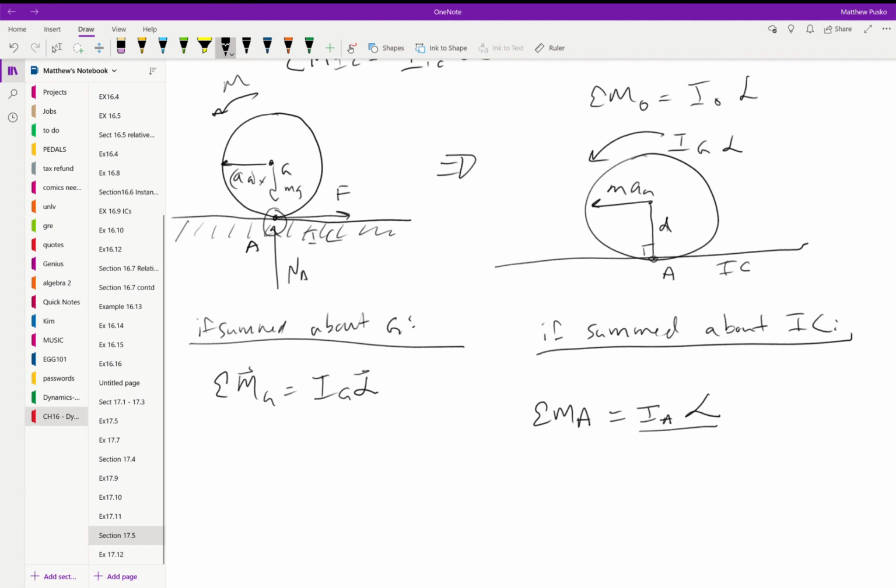Well, most people don't know what I about A is, so we would say the summation of the moments about A is equal to this IG alpha for G, the mass center, and then we add on the kinetic moment at the perpendicular distance d.